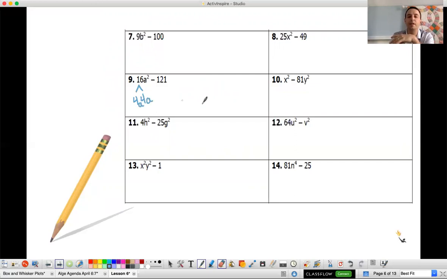So I'm left with 4a and 4a. And the square root of 121? 11. And there's my final answer. Okay. Doesn't matter if there's coefficients on both terms or one term. Okay. So number 10, 12, and then a little challenge for you on number 14. All right, give it a try.